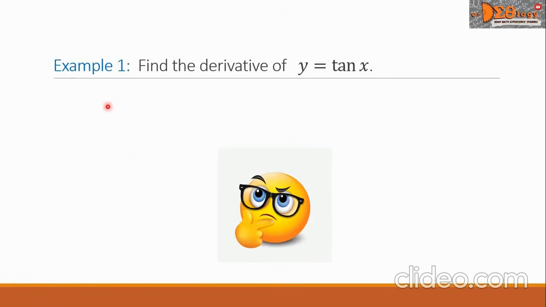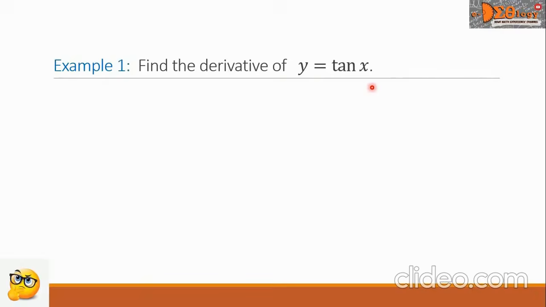Let us see this example. Find the derivative of y equals tangent x. For our solution, we're going to refer to this formula: d over dx of tangent x equals secant squared x.